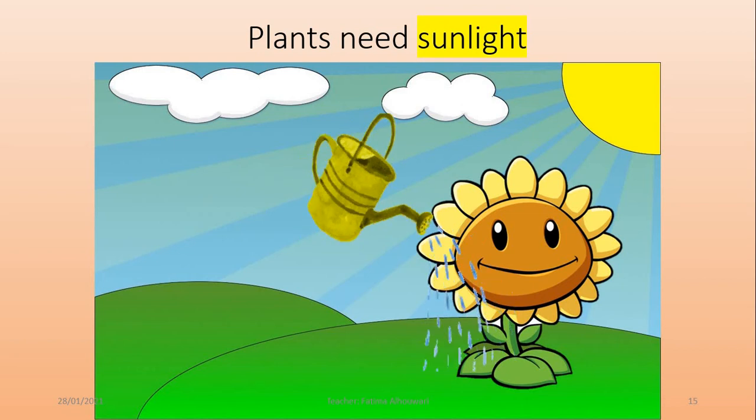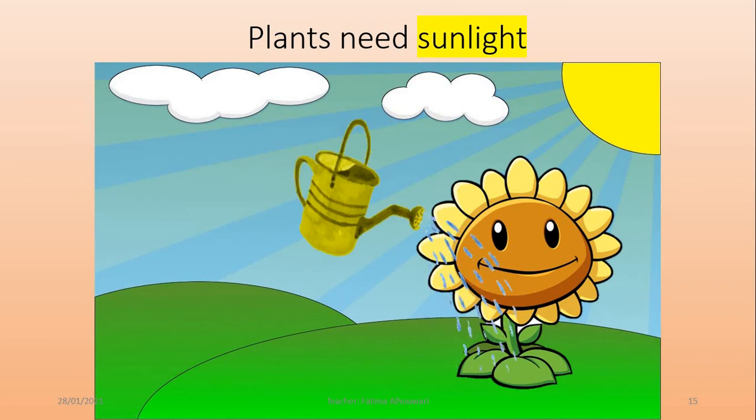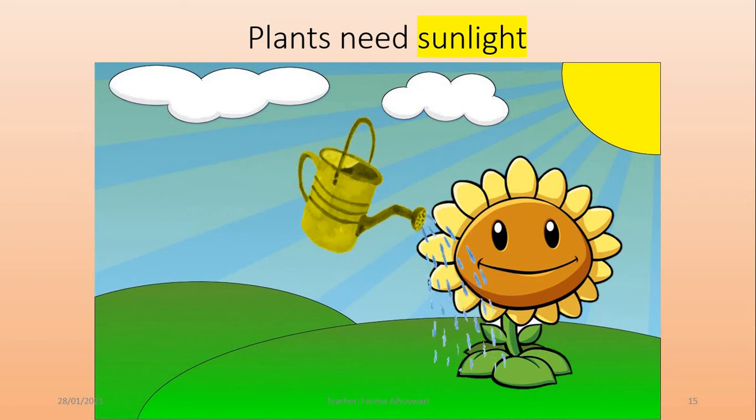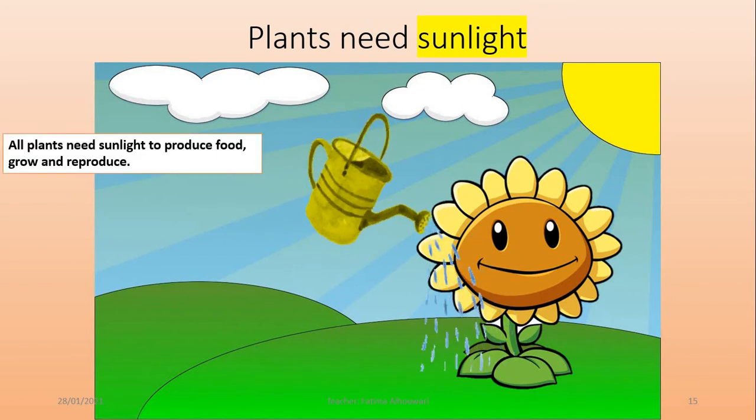Now, if we put the sunflower outside, it will be happy and healthy, just like this. It's very happy now. It has water, sunlight, air, and a place to grow. Amazing! Sunlight is very important for all plants. All plants need sunlight to produce food, grow, and reproduce.